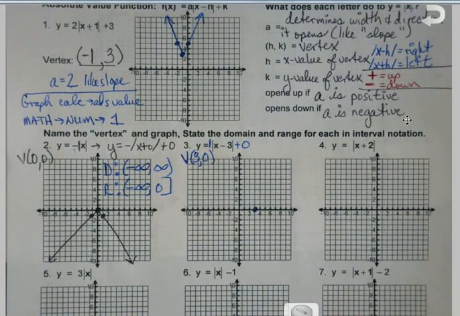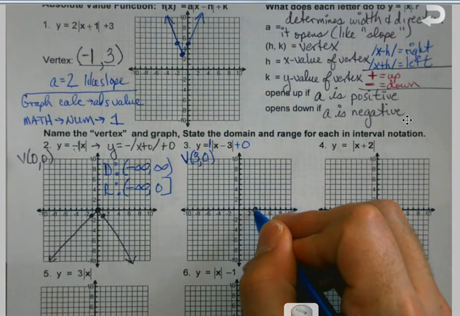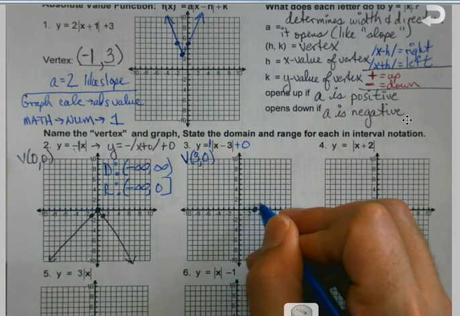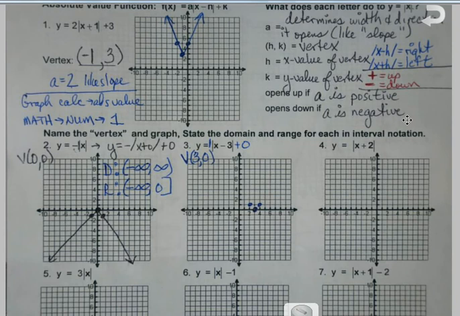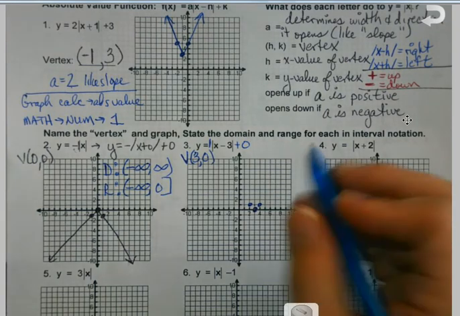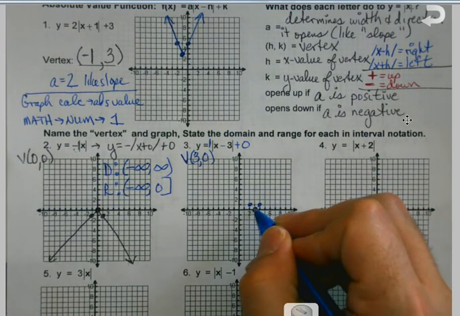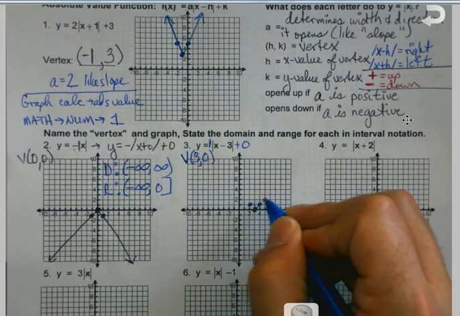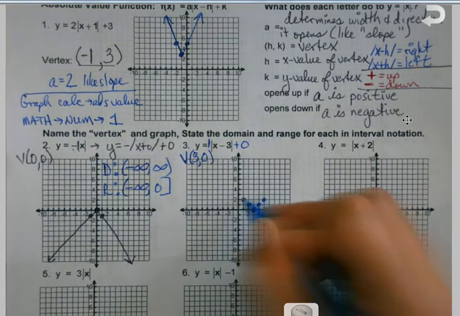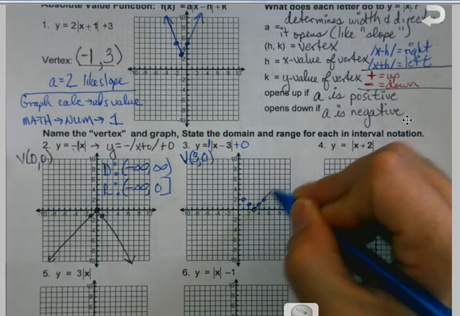But again, my slope, per se, is 1 over 1, so up 1 and right 1, or up 1 and left 1. And if you really want to make your graph even more accurate than this, doesn't hurt to do an extra. It'd be just like slope. Up 1 and over 1, up 1 and over 1, if you want to get some extra dots working.